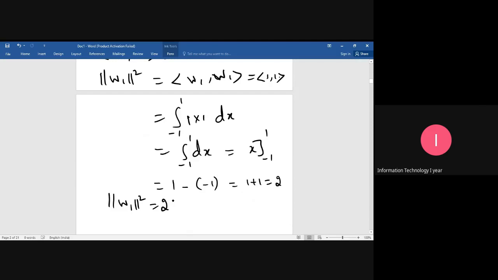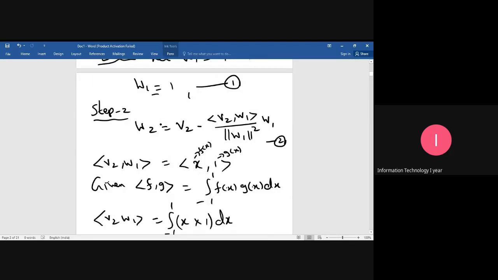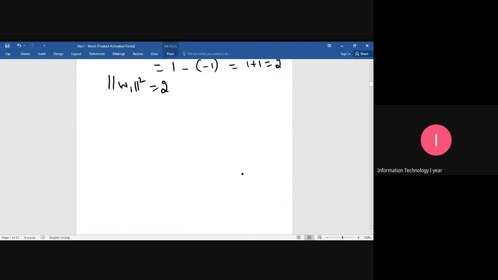Now we can write the answer for W2. The W2 formula says W2 is equal to V2 minus the inner product of V2 comma W1 by norm W1 square, into W1.